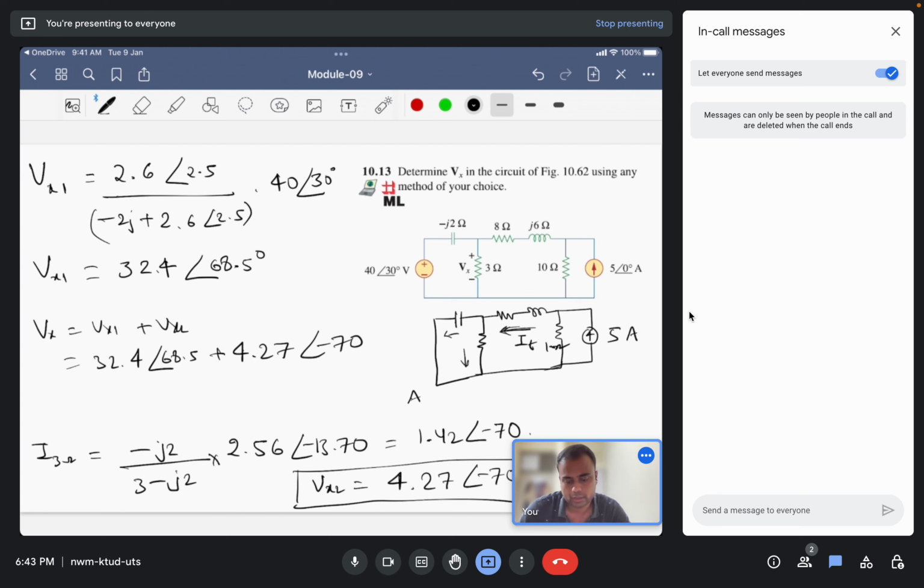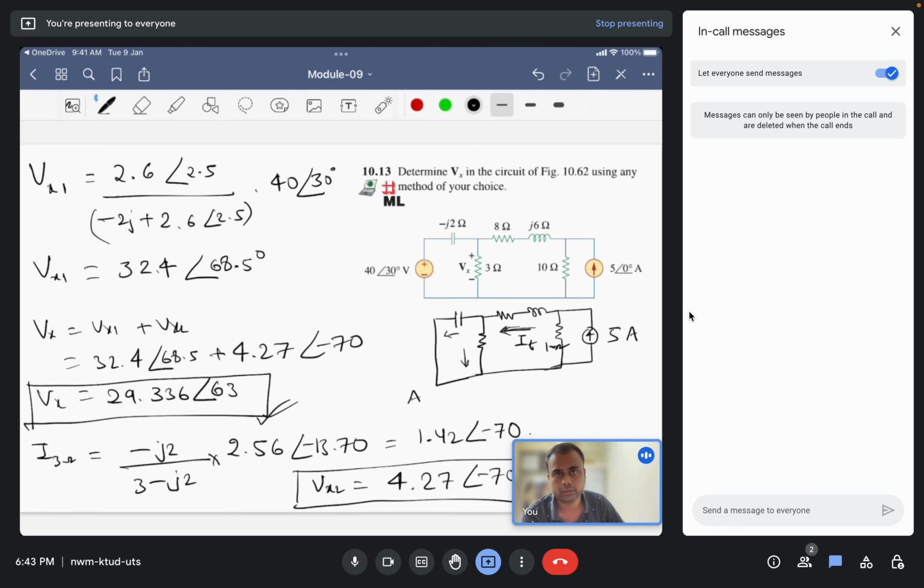So this is 29.336 angle 62.96. You can write it as 63. So this will be the Vx. So we have seen two problems with node analysis and one with superposition.